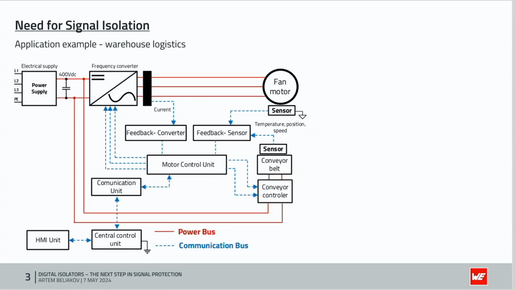Physical parameters like temperature, speed, voltages, and many others are measured by different sensors in the field and forwarded to the main central control unit. But the problem here is that, for example, the distance between the temperature sensor of the motor and the central control unit can reach several tens of meters.